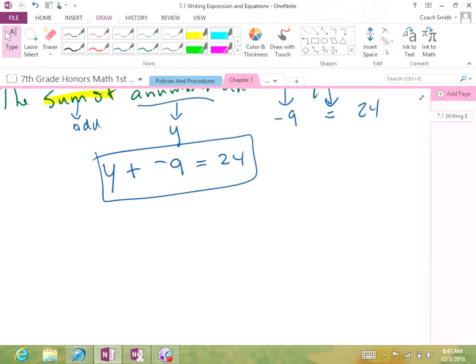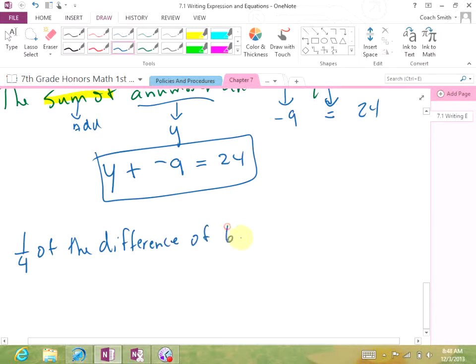Okay? So let's look at another one. 1/4 of the difference of 6 and a number is 200.